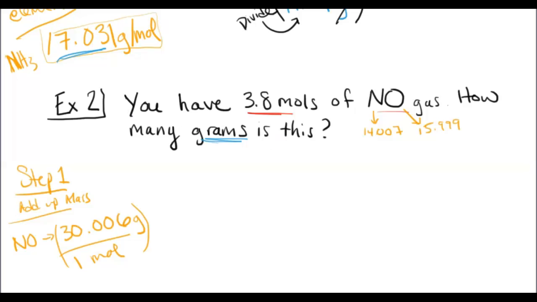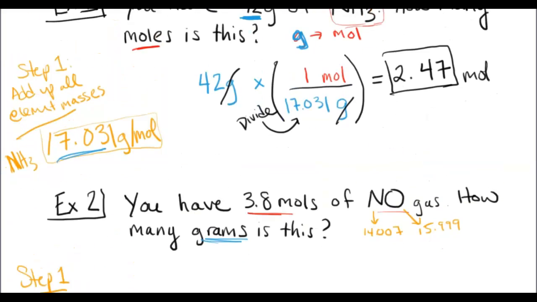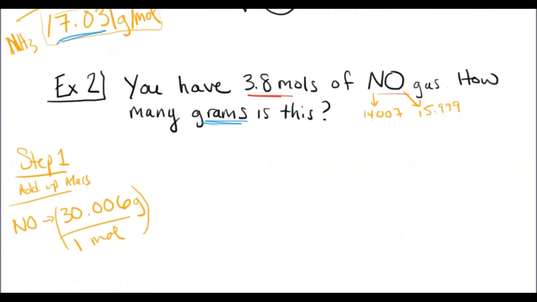So let's go back. How did I do it up here? Let's do it in red. We have 3.8 moles of NO gas, and then we are going to add in our conversion factor here.